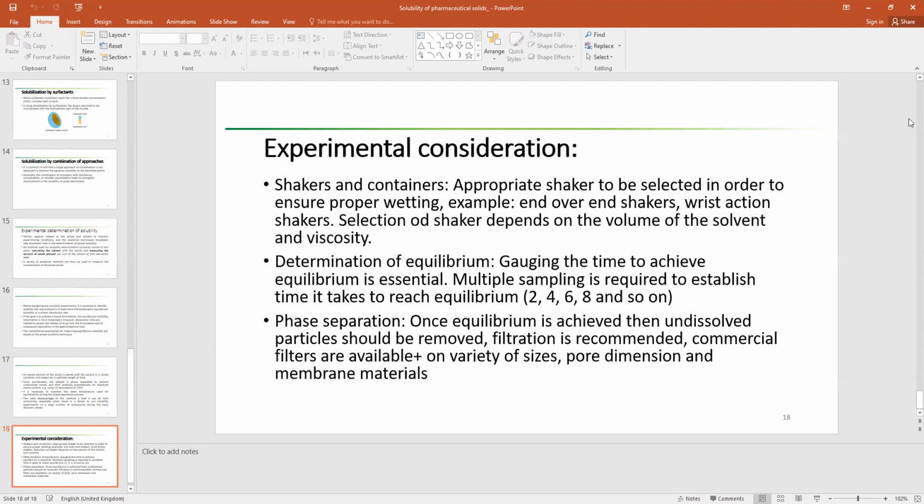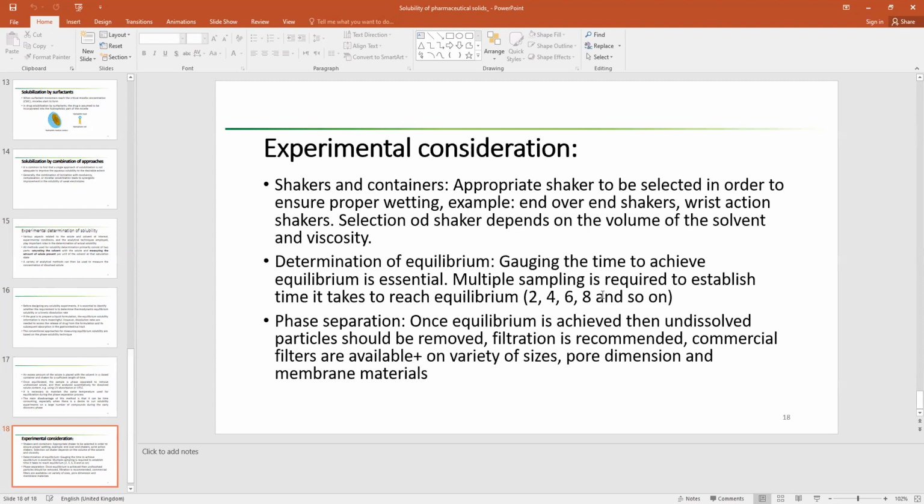Also, for equilibrium, it's quite difficult to determine the time to achieve it, but it's very essential and important. So sometimes multiple sampling is required to understand the time it takes for equilibrium.